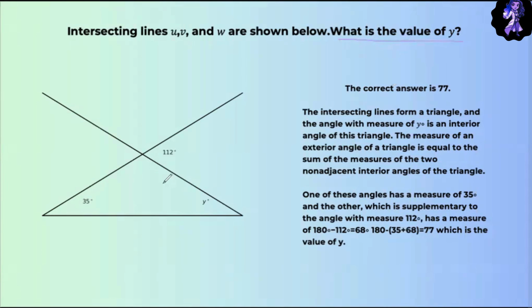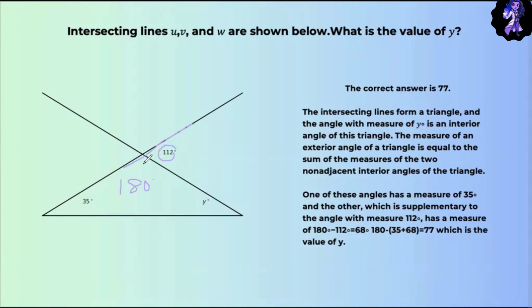We know that the following here is a triangle, and there are some lines that intersect in that triangle that also formulate a line. So we know that the angles of a triangle have to equal 180 degrees. And we know that there is a line here and they give us 112.